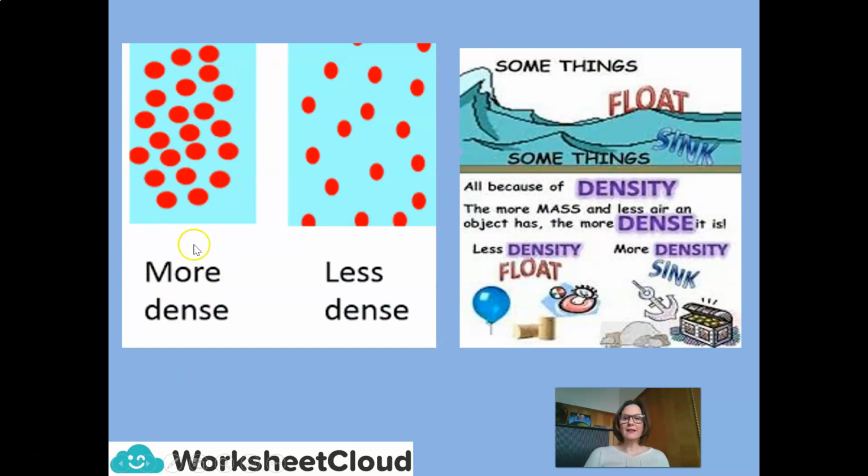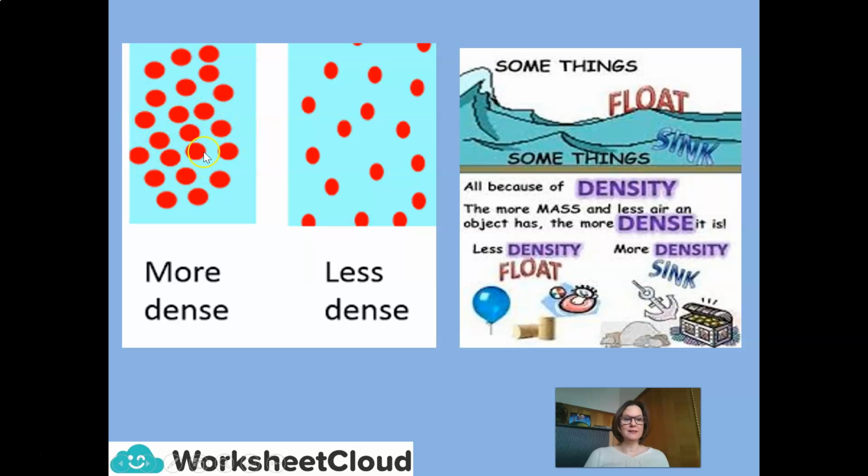Here we have another example in a scientific diagram. This is more dense. This is less dense. Some things float and some things sink, and it's all because of density. The more mass and the less air an object has, the more dense it is.